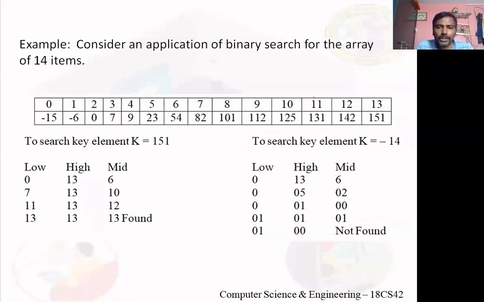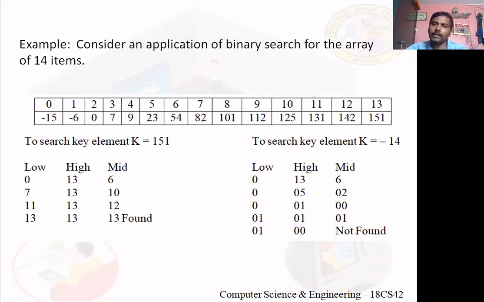So I need to discard the left subarray, indices 0 through 5. Now I need to search for the key 151 in the right subarray, at indices 7 through 13.